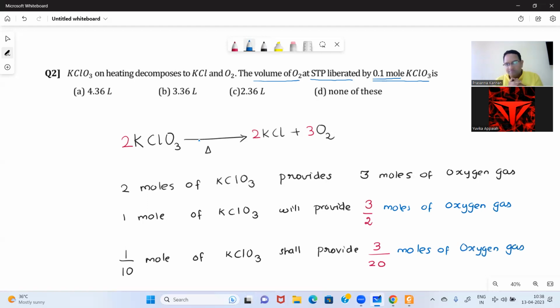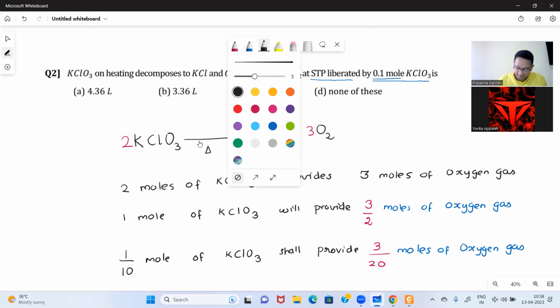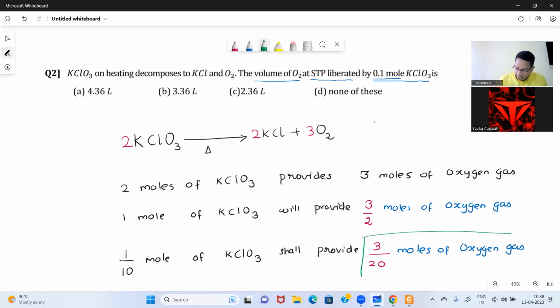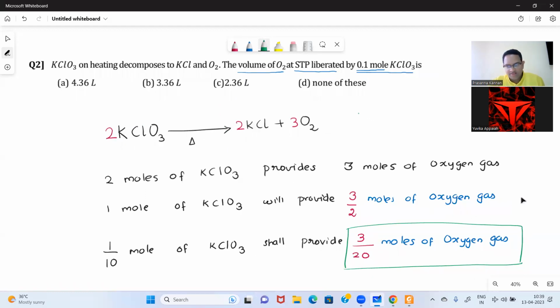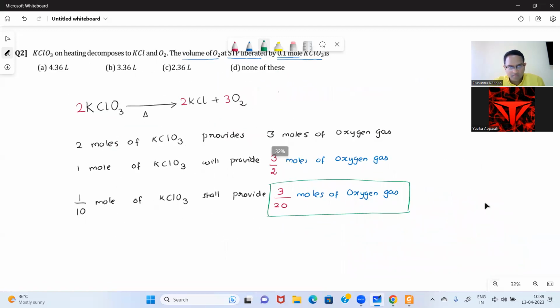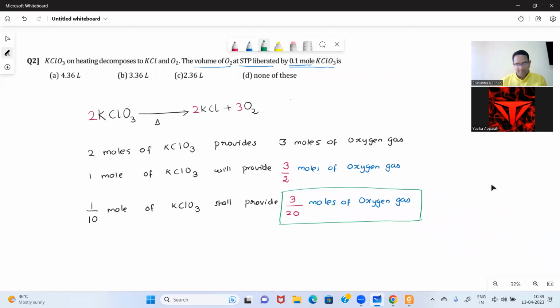Clear, Yuvika? Yes, sir. Now this is our important number. Now our focus can come to only oxygen gas. Clear? Yes, sir. So far, any doubts, Yuvika? No, sir.